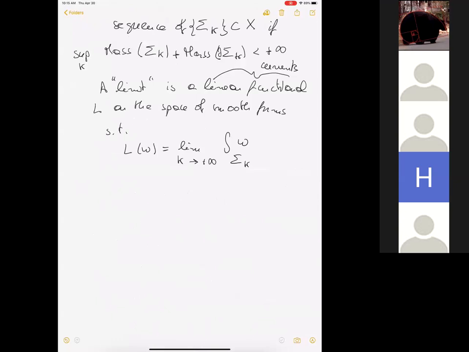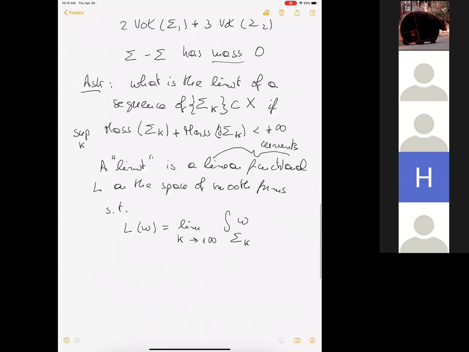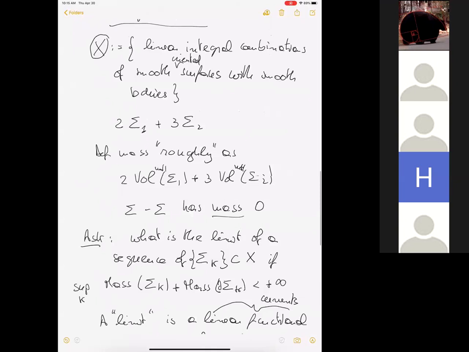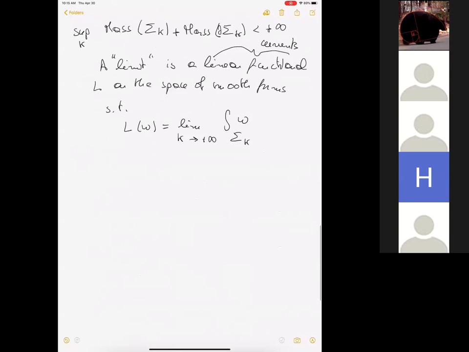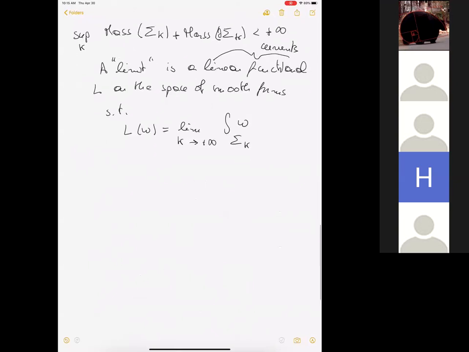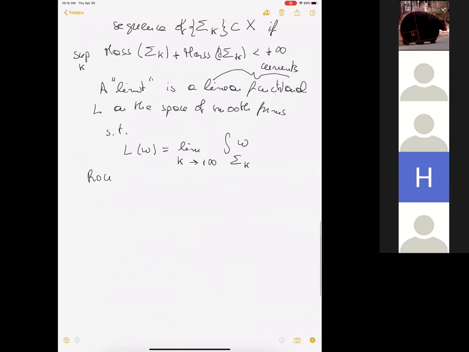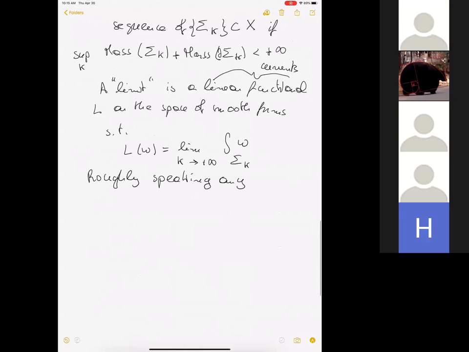Okay, so the answer to this general question is given by Federer and Fleming in their foundational paper, and it's called the space of integral currents. And roughly speaking, any such limit L has the following structure.